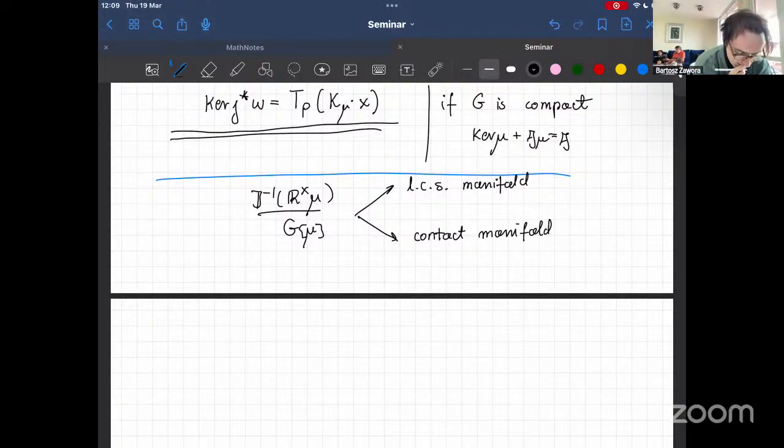So it differs in the sense that they didn't prove the contact manifold.